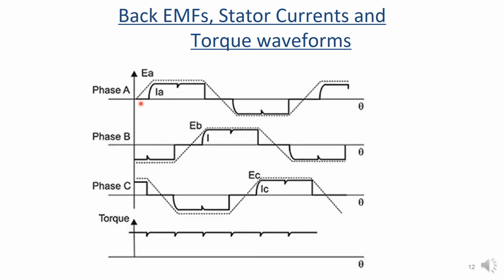Now let us see the back EMF waveform of EA. You see EA is trapezoidal in shape. Similar to phase A, we have the waveforms for phase B and phase C. And the torque is almost a constant line.